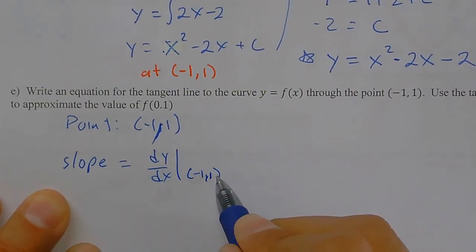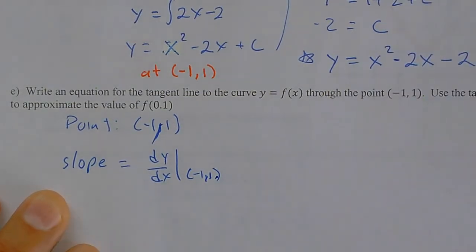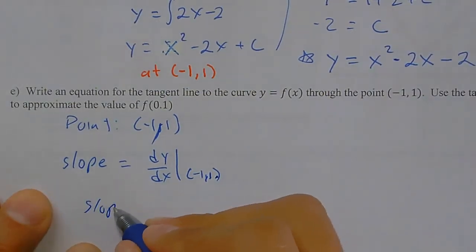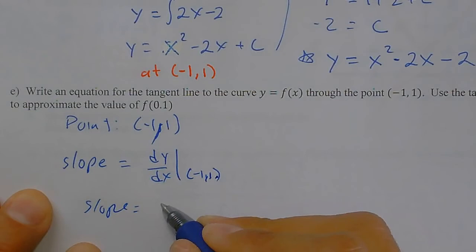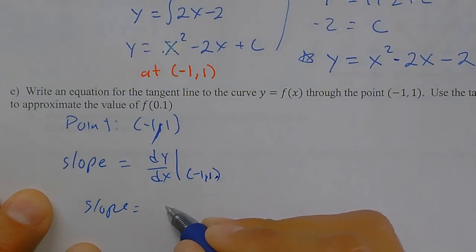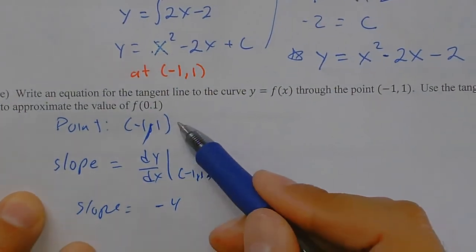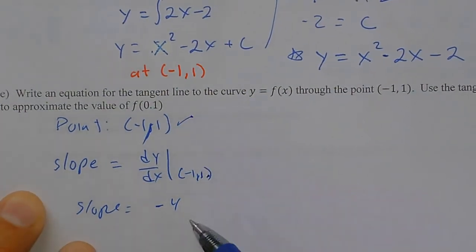So the point is given. The slope we calculated. Remember, you evaluate the derivative at the point, which means that I can write the equation of the tangent line to be that. Remember, do not do anything else. That is it. That is the equation of the tangent line.